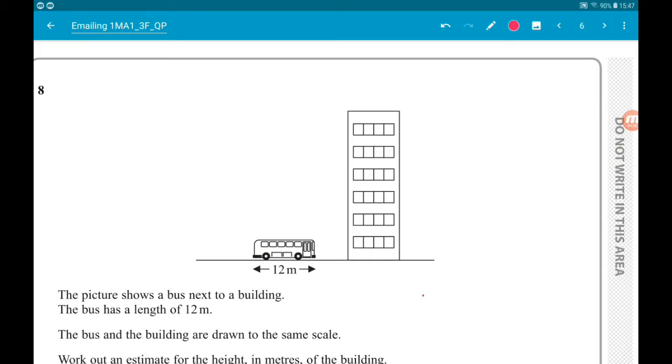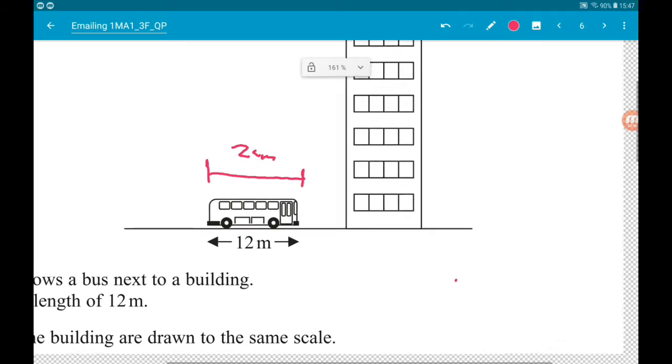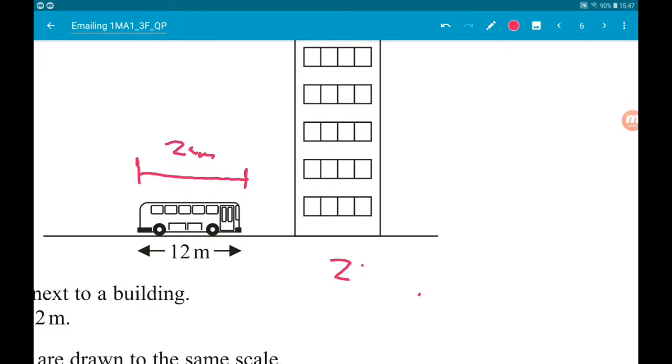Okay, so if you have this printed off properly to scale, what you need to do is measure the length of the bus. So you should get that is about 2 centimeters. Now that tells us then that 2 centimeters represents 12 meters. 1 centimeter represents 6 meters.